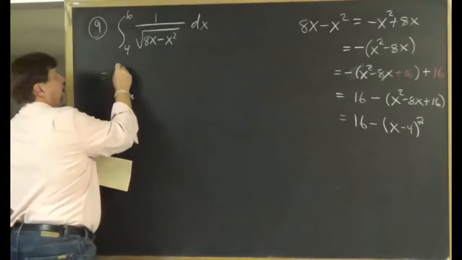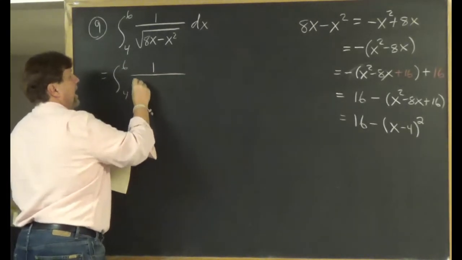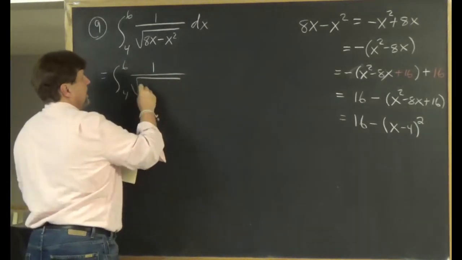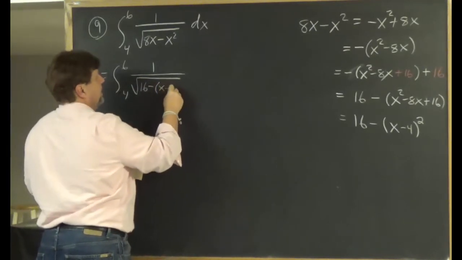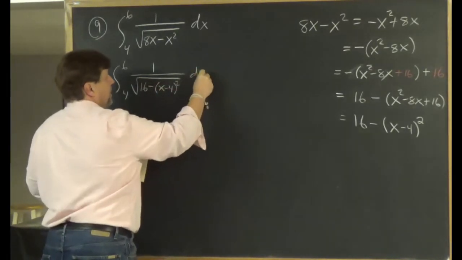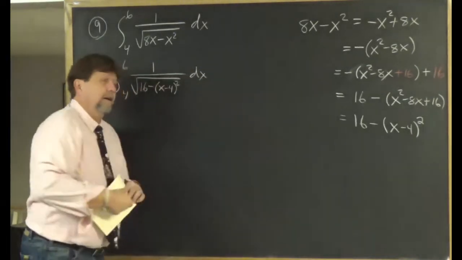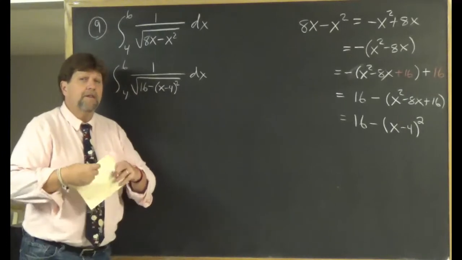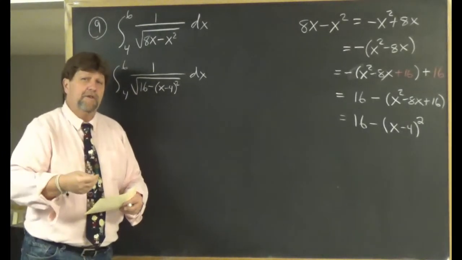So, my original integral, what I now have under the radical is a 16 minus the quantity x minus 4 squared. So to me, this looks like an integral that's going to result in inverse sine. It has that form of inverse sine.